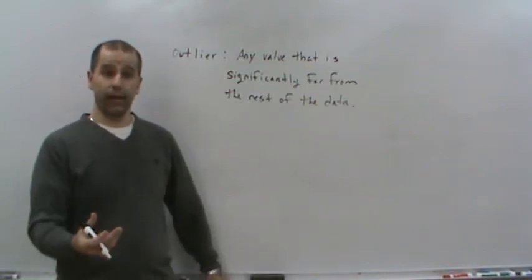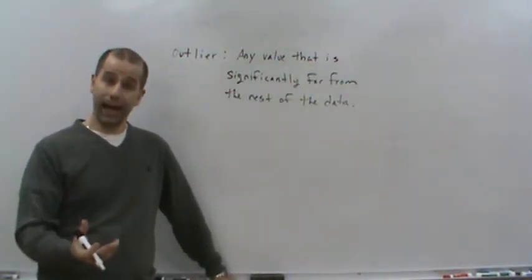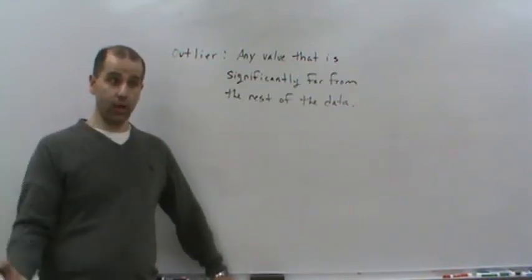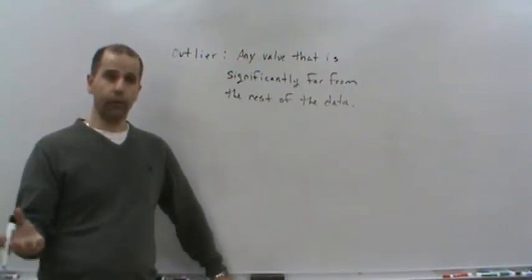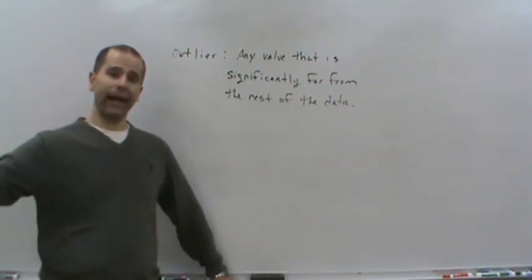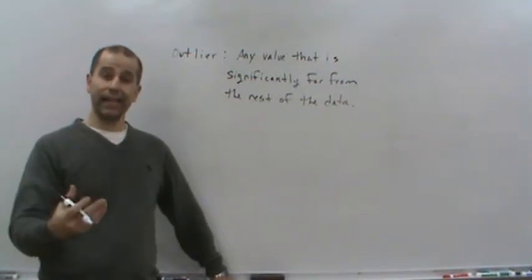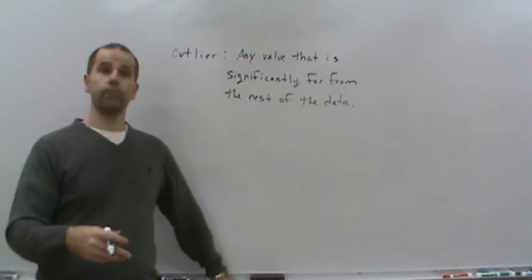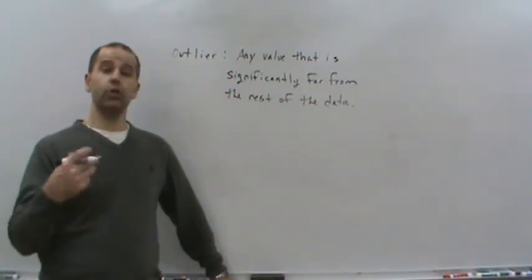So what is the mean? The mean you could look at as the typical value that you would expect in a population. That's the mean, a typical value, an average value. So the further away a value is, the less usual it is.